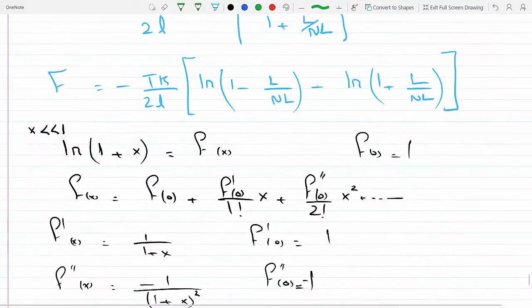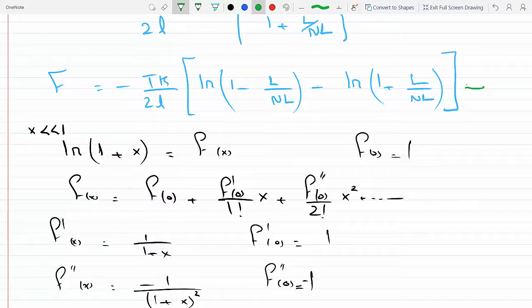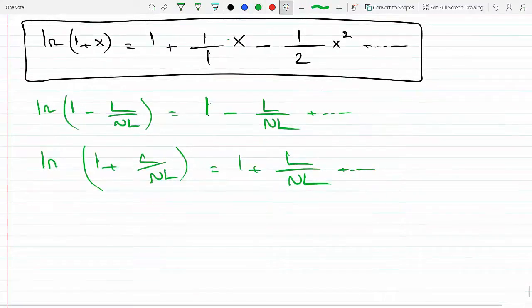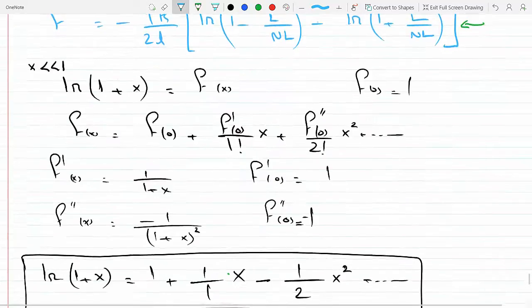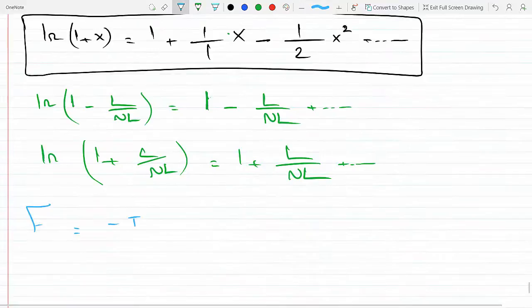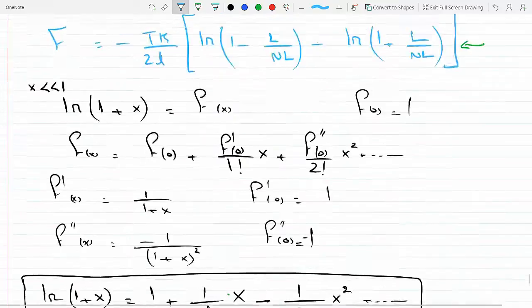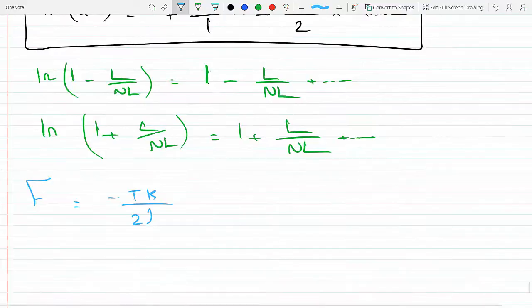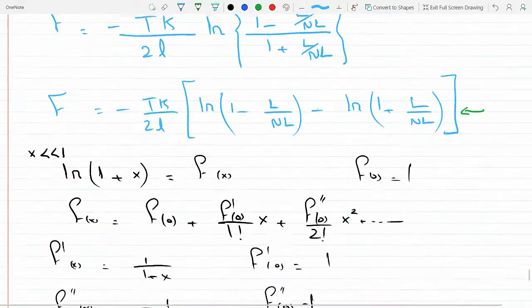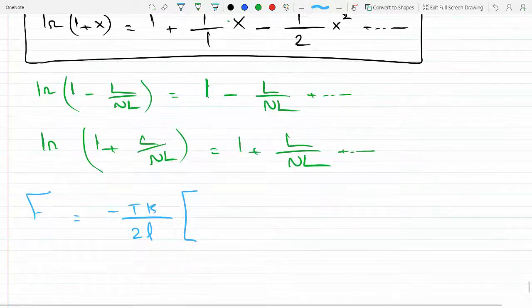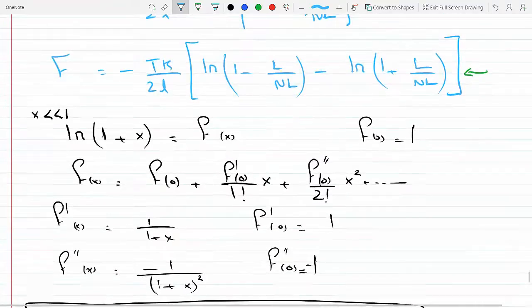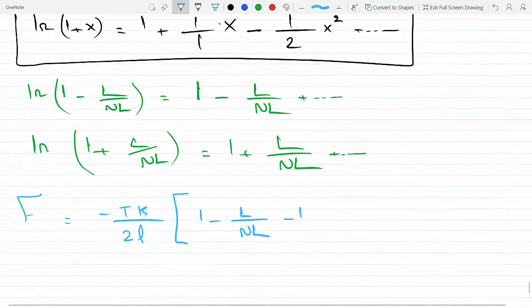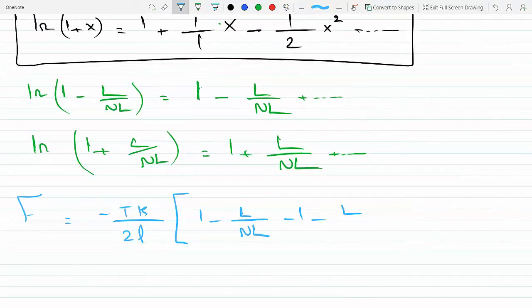Okay, so plugging these back into F here, my F now is minus TK over 2l, and we've got minus L over nl, minus the second one, so minus L over nl.